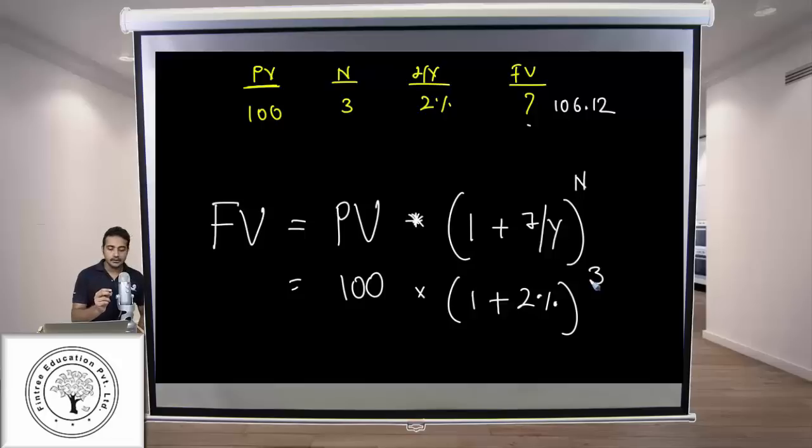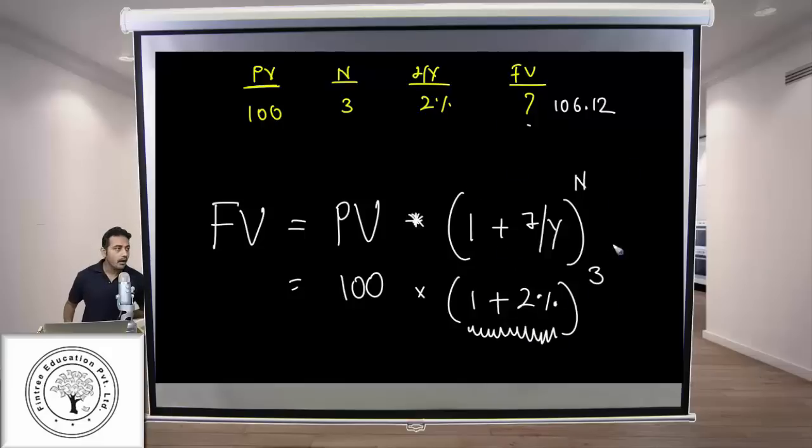On your calculator, say 1 plus 2%. So you'll get 1.02. Your calculator can do it directly. Say 1 plus 2 percentage equal to. Is it getting you 1.02? Yes. So what is 1.02? It is this term.